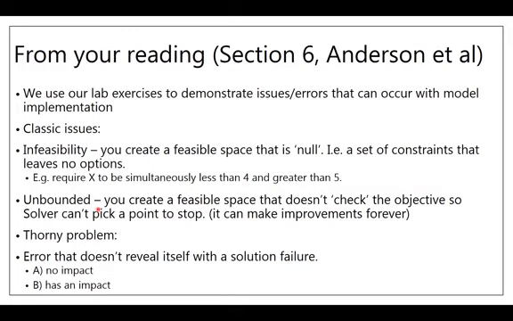The other thing we can do is end up setting up a problem that doesn't have enough constraints or doesn't have enough restrictions in all the areas that it should. You end up with an unbounded solution. Create a feasible space that doesn't check or limit the objective in some direction that it wants to keep going, and what you'll see there is solver, or any math that you might try to do to that problem, can't find a point to stop.